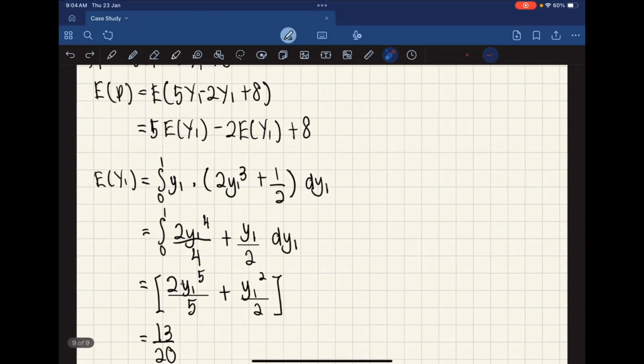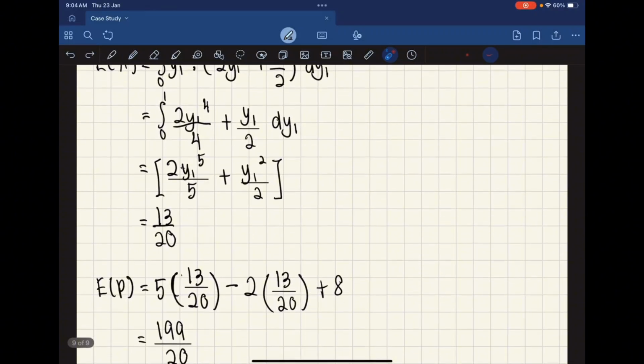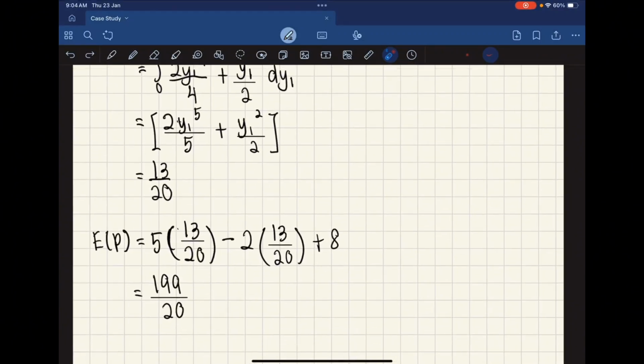To find the E of y1, we need to integrate y1 with the function. So E of y1 equal to integrate 0 to 1, y1 times 2y1 cube plus 1 over 2 dy1. And then we get 13 over 20 for the E of y1.